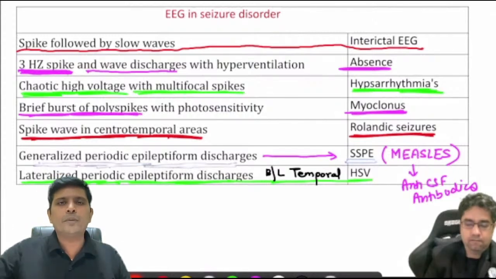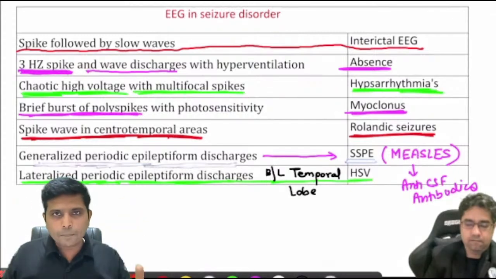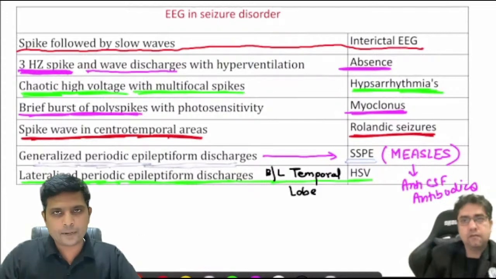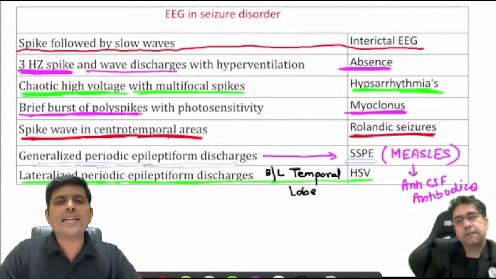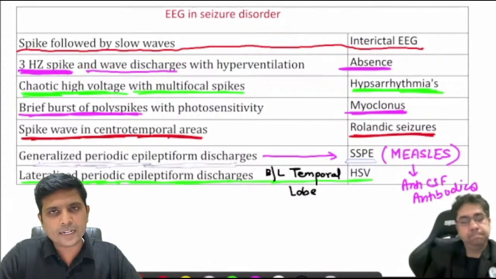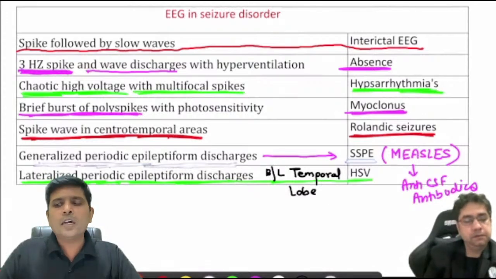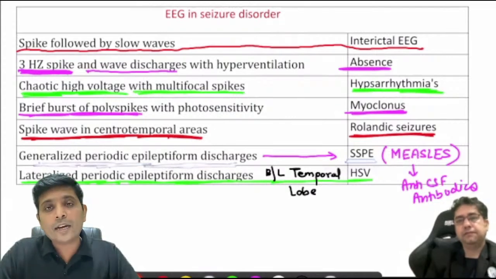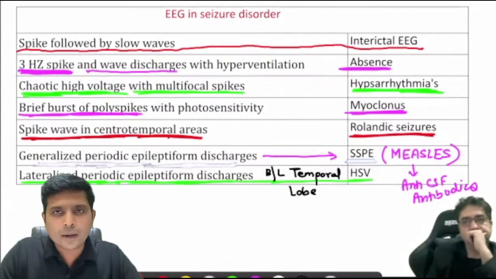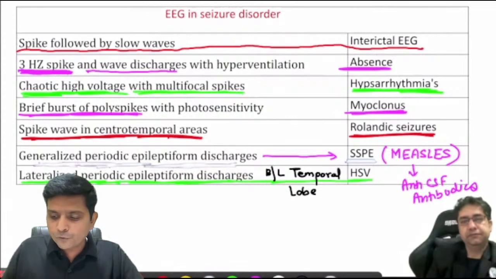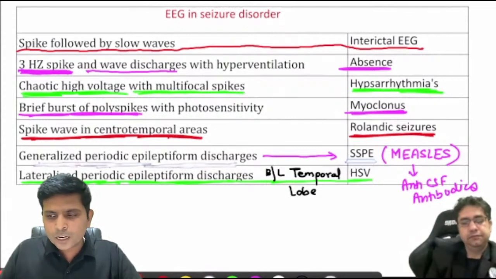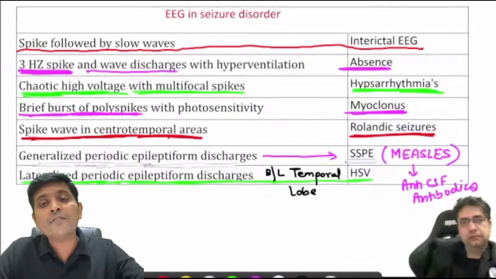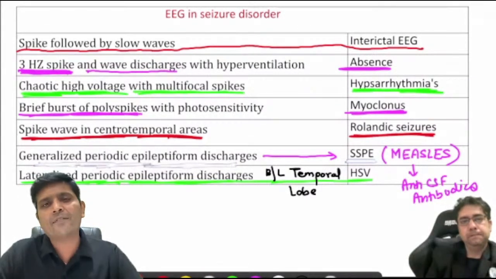Whenever the temporal lobe is involved, there will be an abnormal behavioral pattern. That's why in herpetic encephalitis, a child will show a little bit of seizure, but compared to seizure, there will be more behavioral abnormalities. So low grade fever, seizure, behavior abnormalities, all in favor of HSV encephalitis.